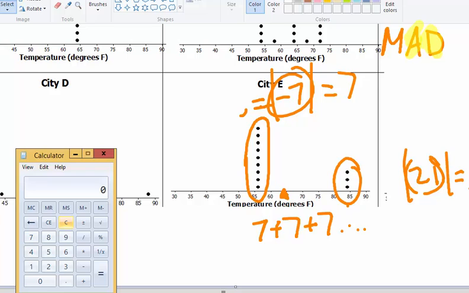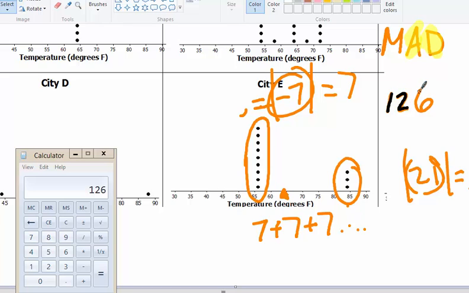I'm just going to check because I think my calculator went a little crazy. So 63, that's my sevens, plus 21 plus 21 plus 21. And that will give me 126.